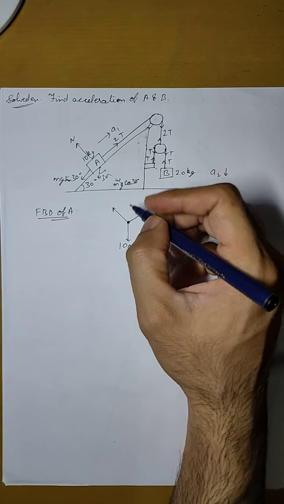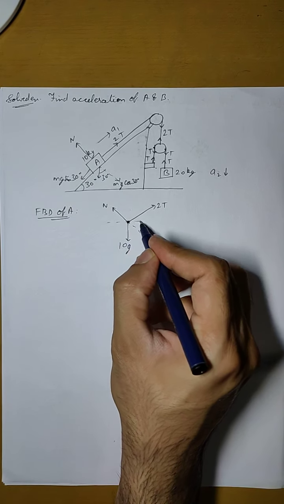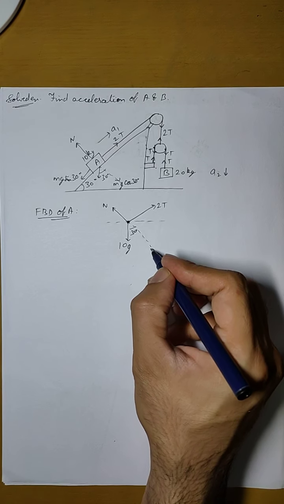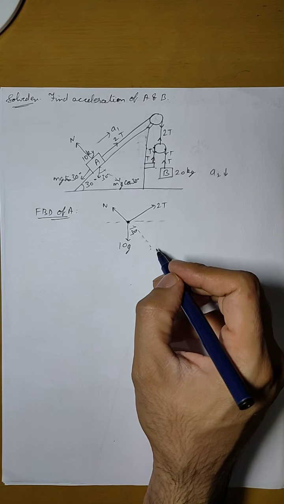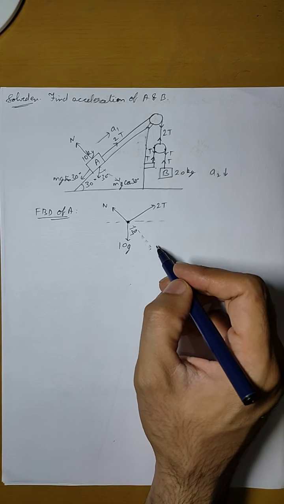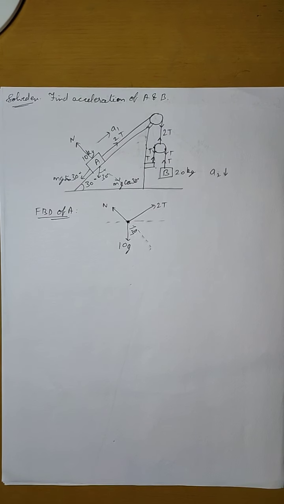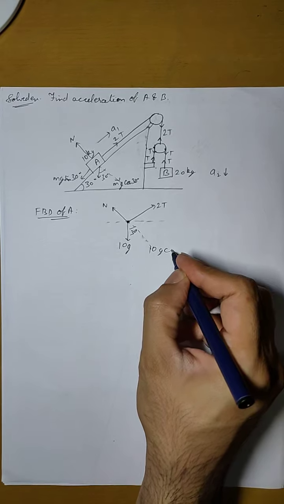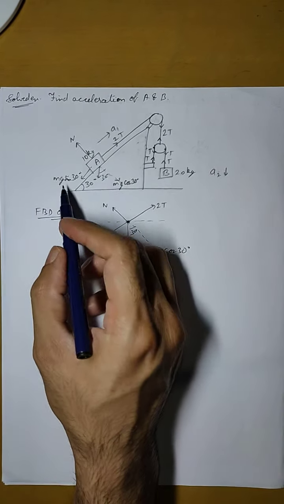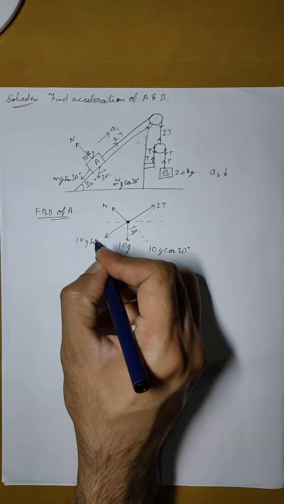The normal is in this direction, which is N, and we have this as 30 degrees, so this will be mg cos 30, so 10g cos 30. And here in this direction we have mg sin 30, so 10g sin 30.